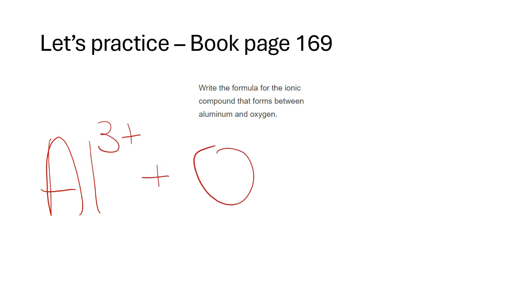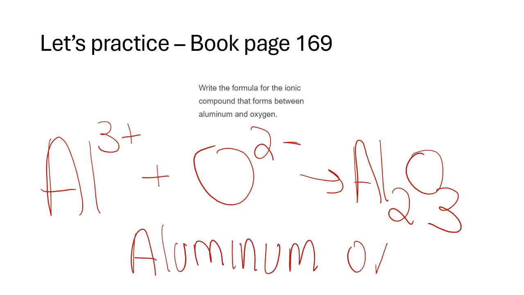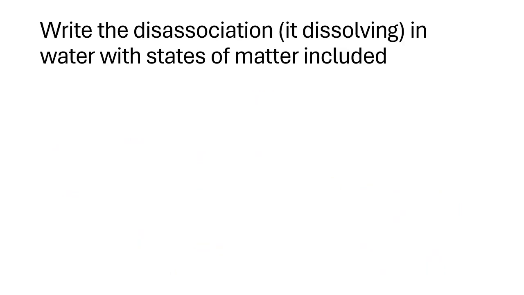Oxygen we know forms a -2 charge, and they bond together. We need 2 aluminums and 3 oxygens to create a neutral charge, so that's going to be Al2O3, and just for future reference, that's going to be aluminum oxide.